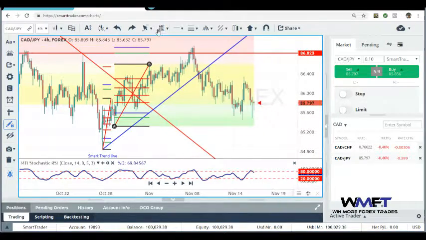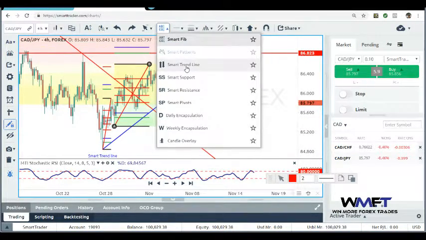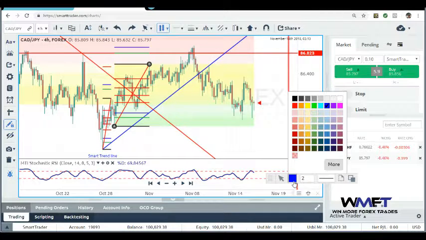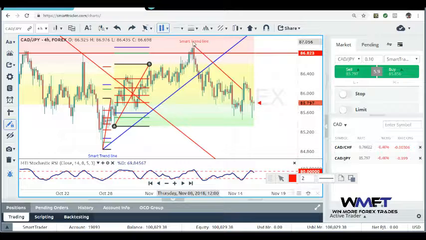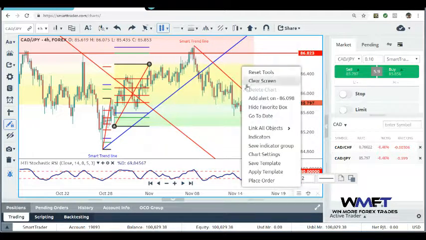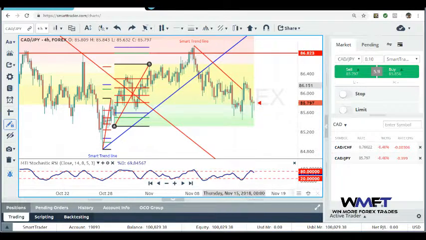And we can bring in another downtrend line, and we can see on this downtrend line where the market actually broke, and that was a false break.